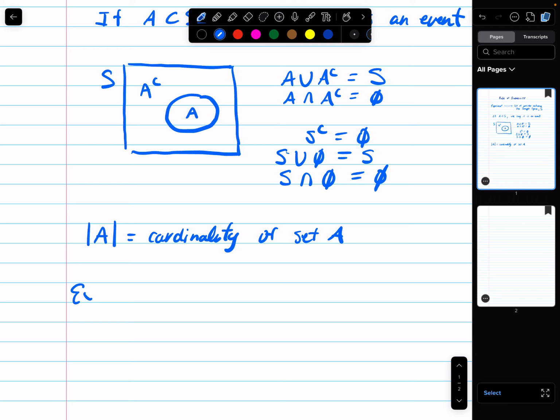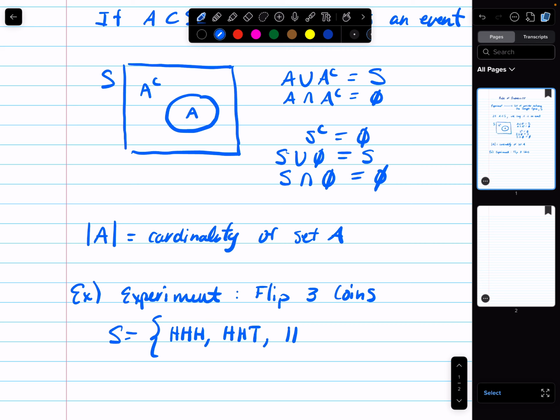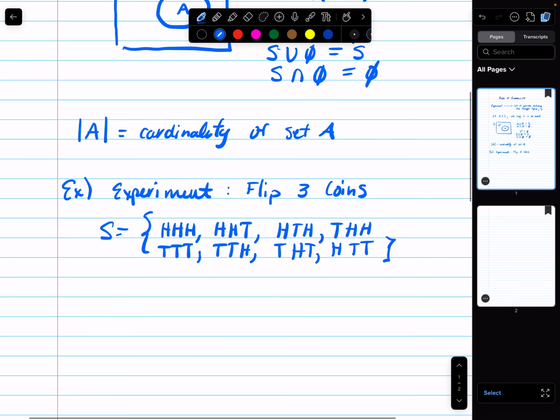If my experiment is that I flip 3 coins, then the sample space I get is all heads, heads, heads, tails, heads, tails, heads, tails, heads, heads. And then we repeat the same pattern except with T's instead of H's. So that is our sample space S. The cardinality of S, so the size of S here, is 8.